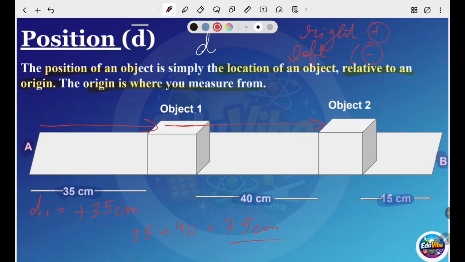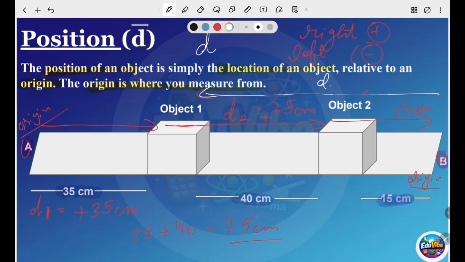From object 1 to object 2, they travel 40 centimeters, and the total from A to object 2 is 75 centimeters. So here we have D2, which is 75 centimeters, again positive because it goes right like earlier. Then it again travels from object 2 to B for 15 centimeters.